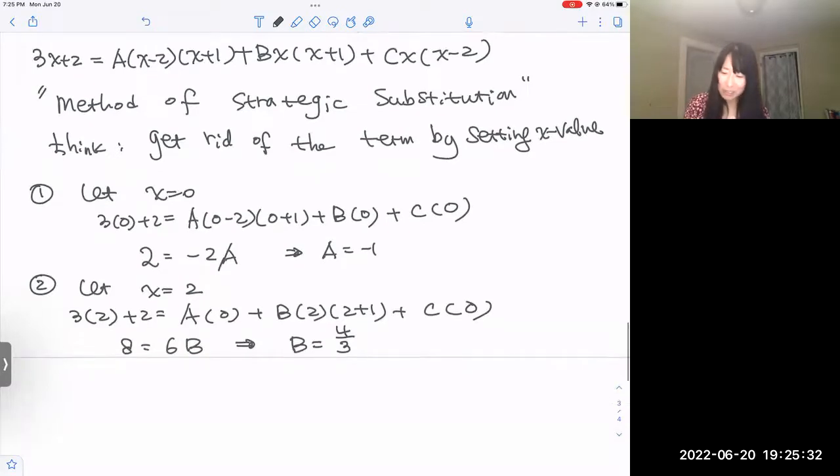Now, the third one. We are using 0. We are using 2. What is the leftover here? -1. Very good.